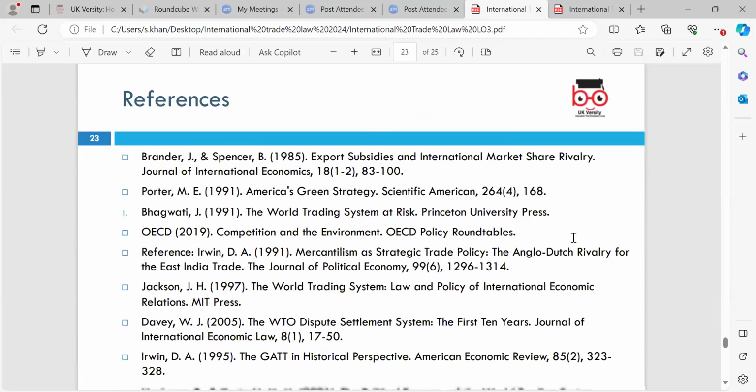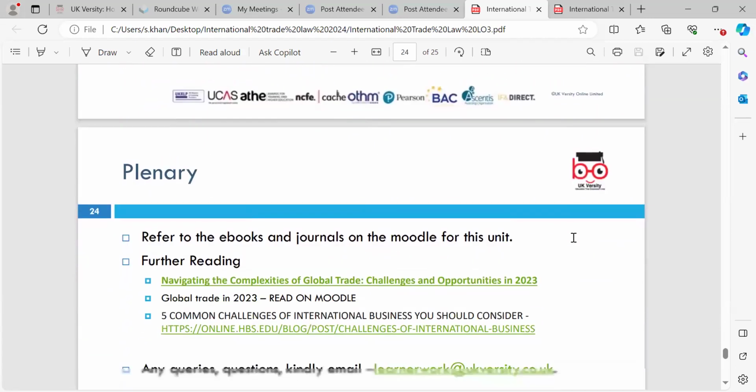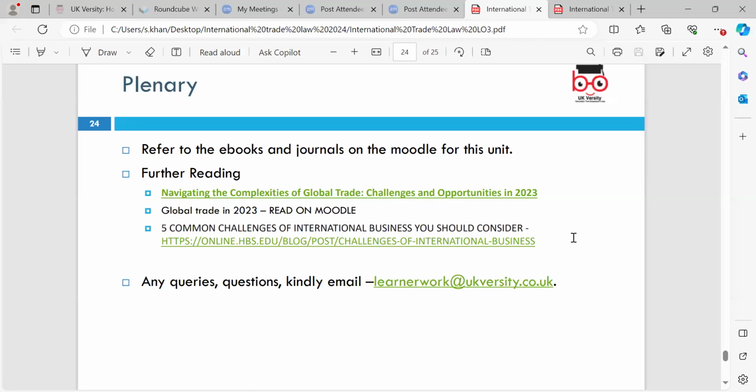These are the references that we've used for Learning Outcome 3, and these are some of the additional reading that you can find on Moodle in regards to global trade challenges and opportunities in 2003, which I did show you the article on, and then the 5 common challenges of international business that you can consider. The link is there that you need to go on to, but all these are on Moodle for additional reading.